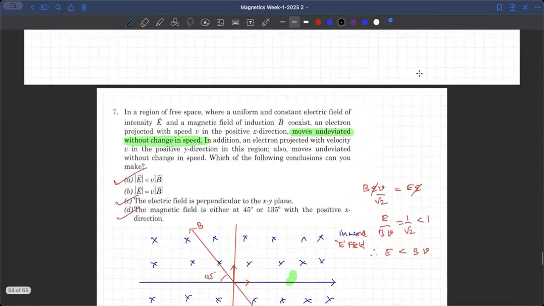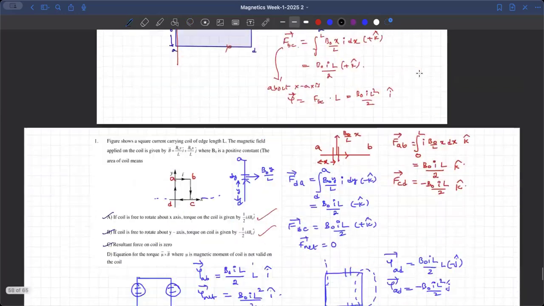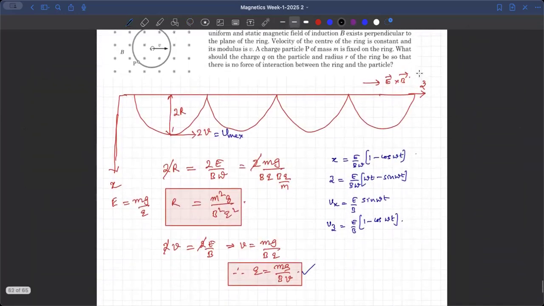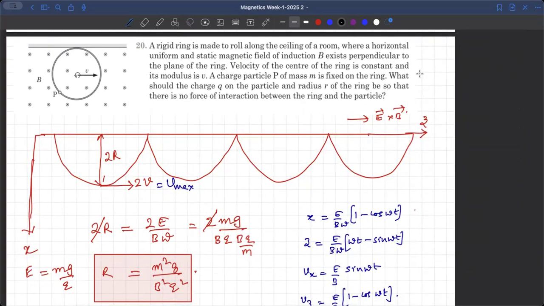Now, on the basis of which we have a question. This is the question. A rigid ring is made to roll along the ceiling of a room where a horizontal, uniform, and static magnetic field of induction B exists perpendicular to the plane of the ring. Here it is into the plane of the ring.